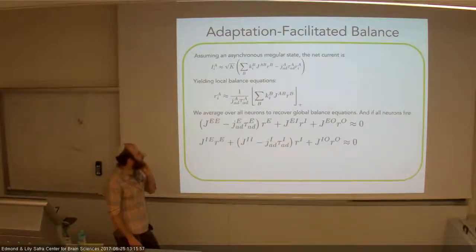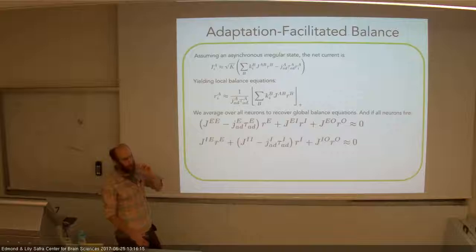Right, so it's true. This was one of the reviewers' major concerns: is this realistic? We had a literature search that showed that it's within the order of magnitude. We wound up having to use a stronger adaptation current than is found in experiment to fully recover the full population activity.